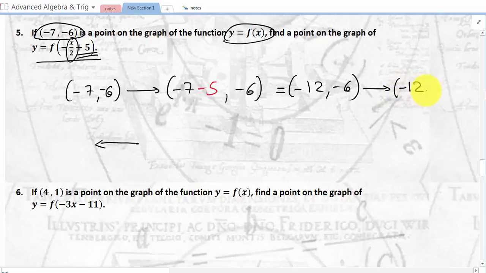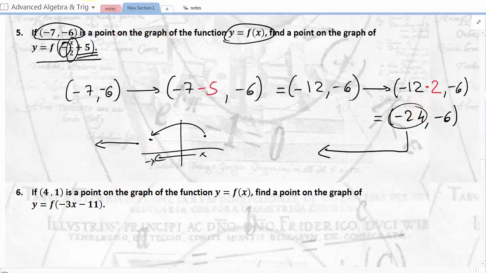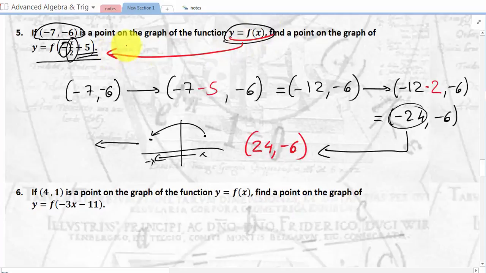So you take -12 and you multiply this by 2, and you don't change the y right here. So this point is actually -24, -6. And finally, what do you do? You reflect across the y-axis. So a reflection across the y, if a point is right here, how do you reflect across the y-axis? Well, x becomes -x. You flip the sign in front of the x. And so the final point is 24, -6. That's what I have when I graph shift this to that right here.